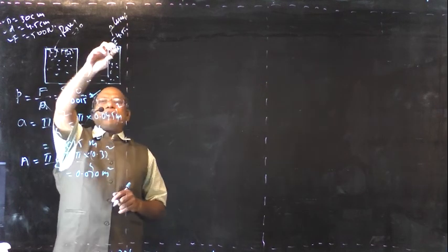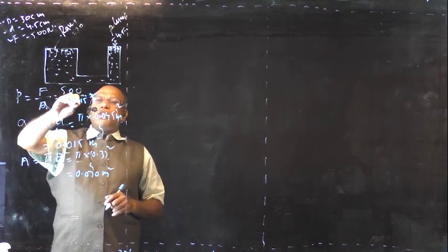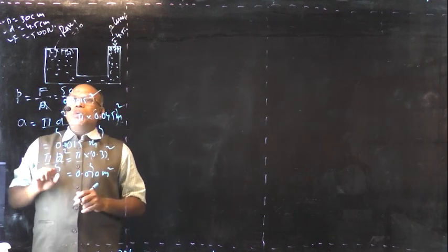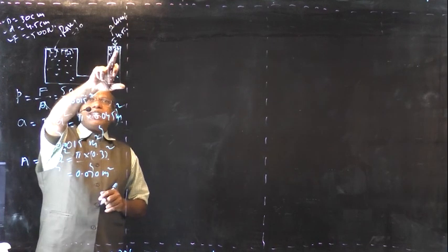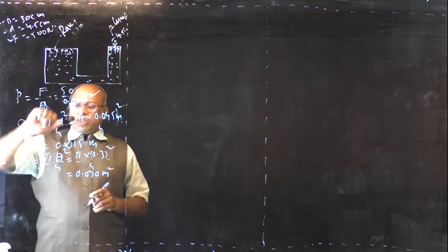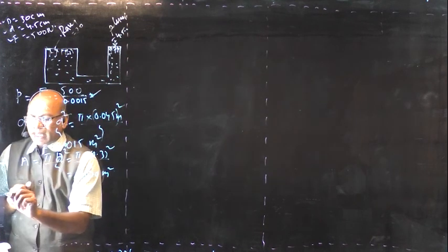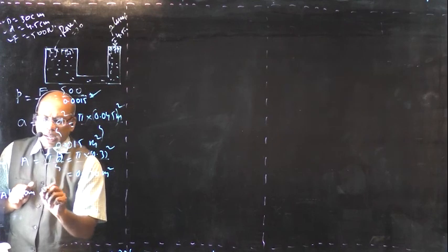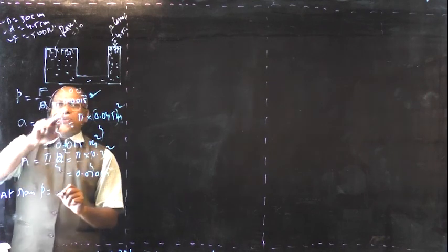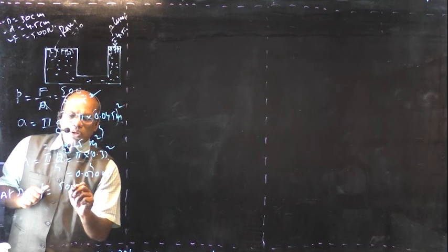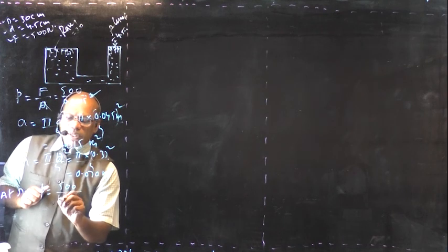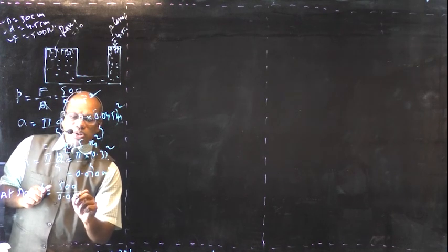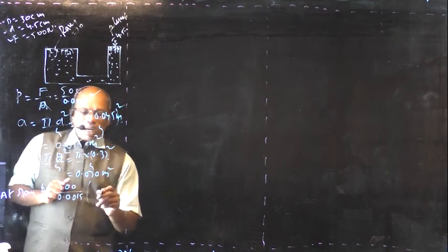Pressure intensity at the plunger is equal to 500 divided by 0.0015. Now the same pressure intensity is applied at the ram. Therefore at the ram, pressure intensity is the same value, 500 divided by 0.0015, based on Pascal's law.